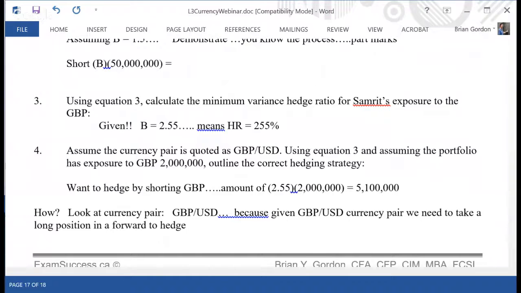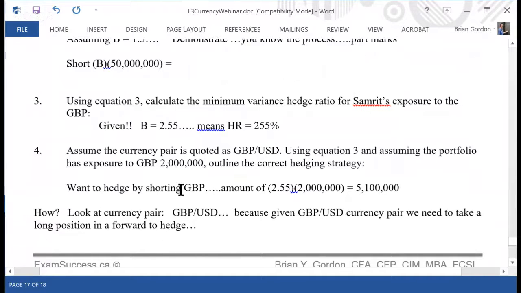Okay, and that is going to get you the marks. So we've calculated how much, 5.1 million, and now we've looked at the currency pair and told the grader, because we've recognized the currency pair, we need to take a long position in a forward contract to hedge.